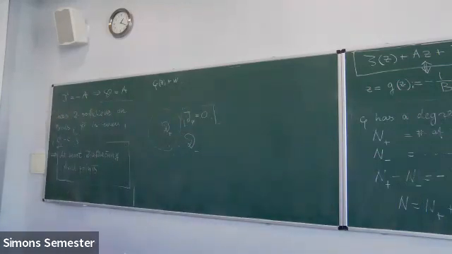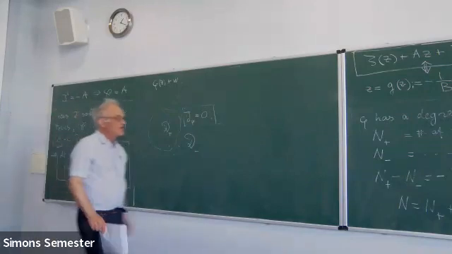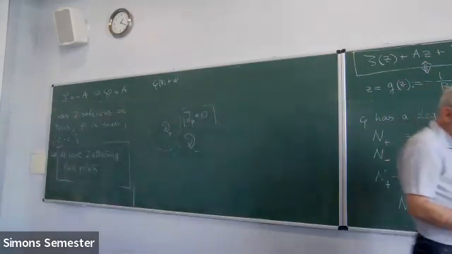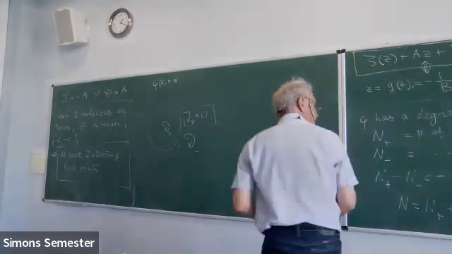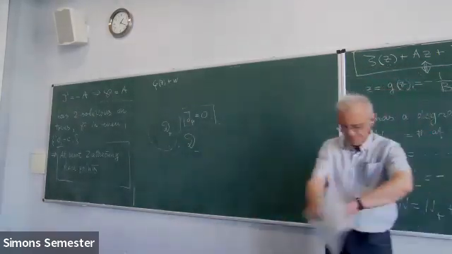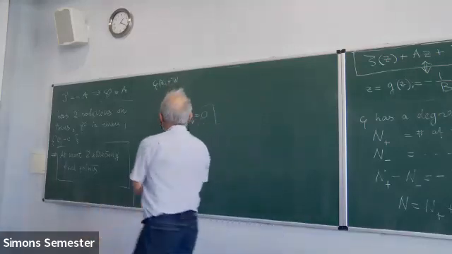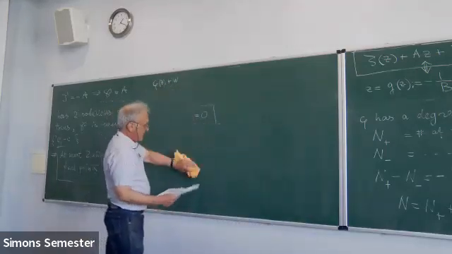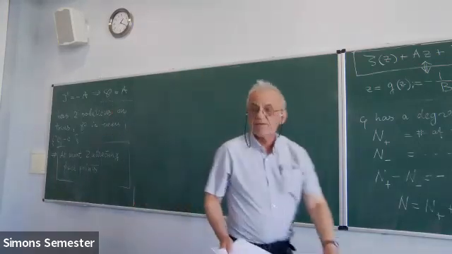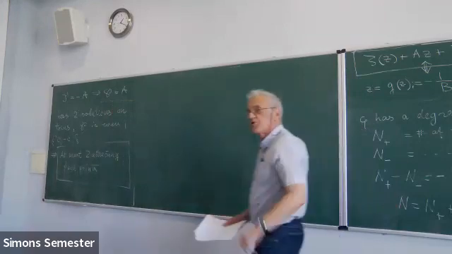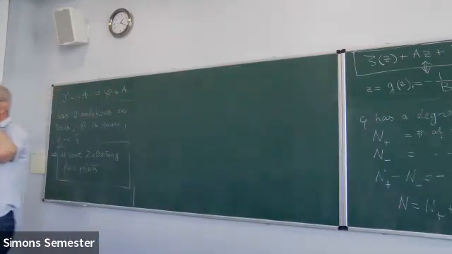So, for which tau or j we have 3, and for which tau or j we have 5. So let us count more carefully. So as I said in the beginning, there are 3 fixed points which always exist, and which are called trivial fixed points.